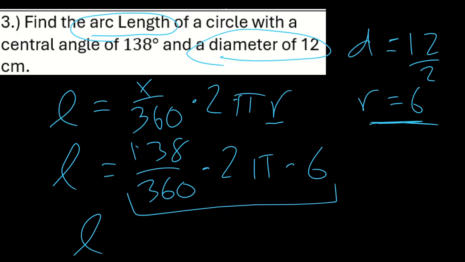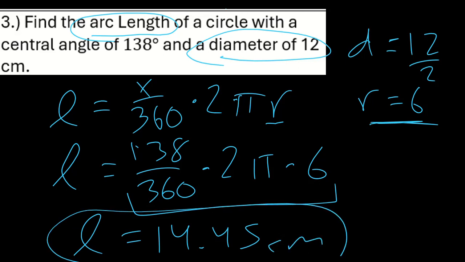Okay, so 138 over 360 times 2 times pi times 6 would be 14.45. And in this case, we'll say centimeters.